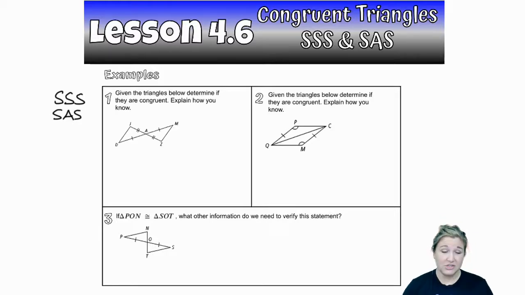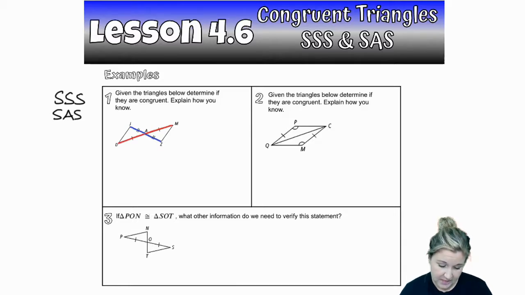What we have here is two sides listed: JA is congruent to AZ, and DA and AM are congruent. Those two sides are congruent, and I need the angle between them to be congruent in order for the triangles to be congruent.